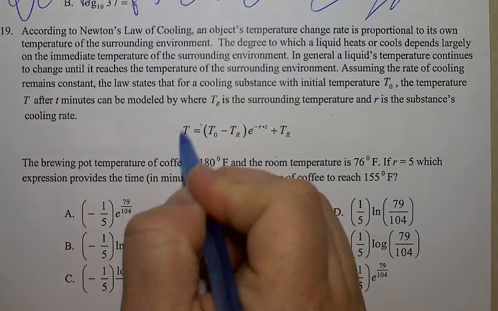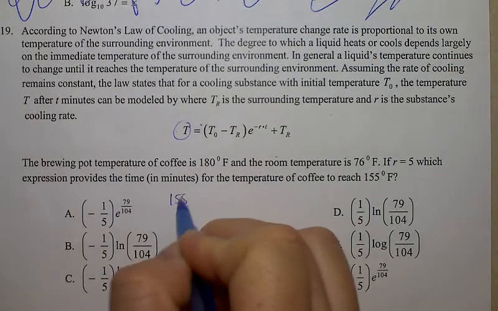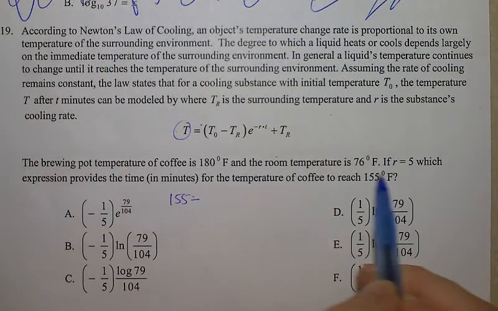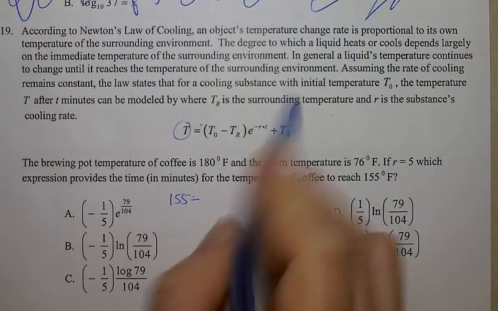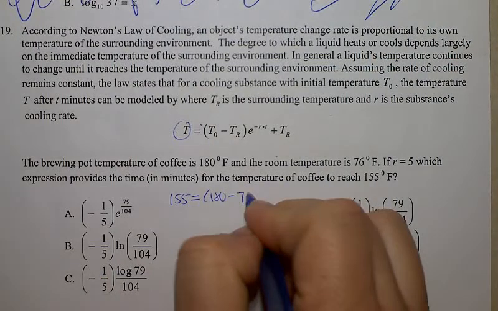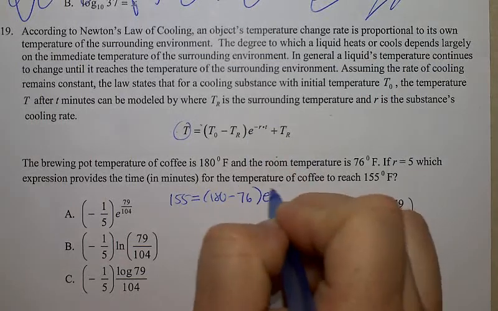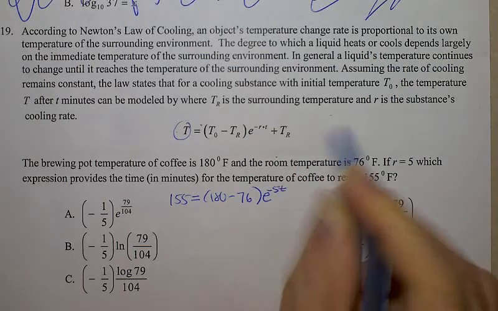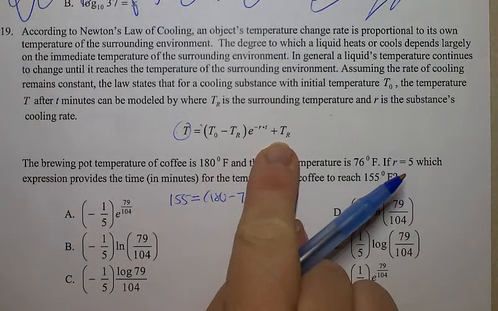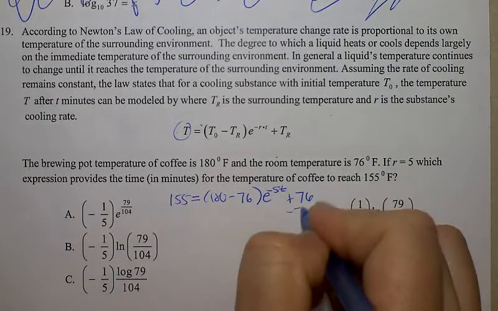Say the temperature you want to achieve of coffee is 155 degrees. Your initial temperature is 180, and the outside temperature is 76. Your rate is 5, so negative 5t, plus, this is the outside air, 76. So I'm going to start by subtracting 76 from both sides.